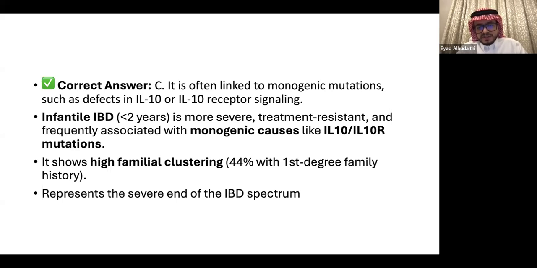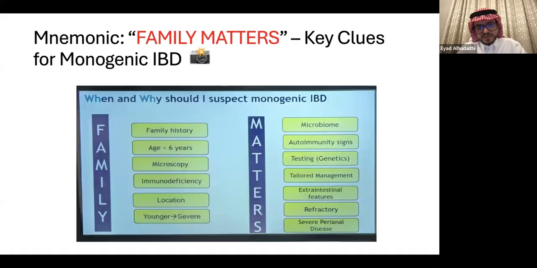It shows high familial clustering, 44% with first degree family history, representing the severe end of the IBD spectrum.